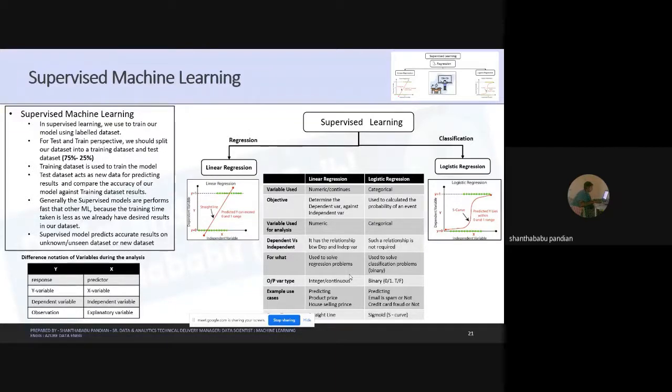If the problem statement clearly says whether the price is going to be high or not, then obviously you go with the classification model. If they're asking how much the price might increase, then you go for a regression model. If it is categorical, then yes or no. If it's continuous values, then you go for the regression model.